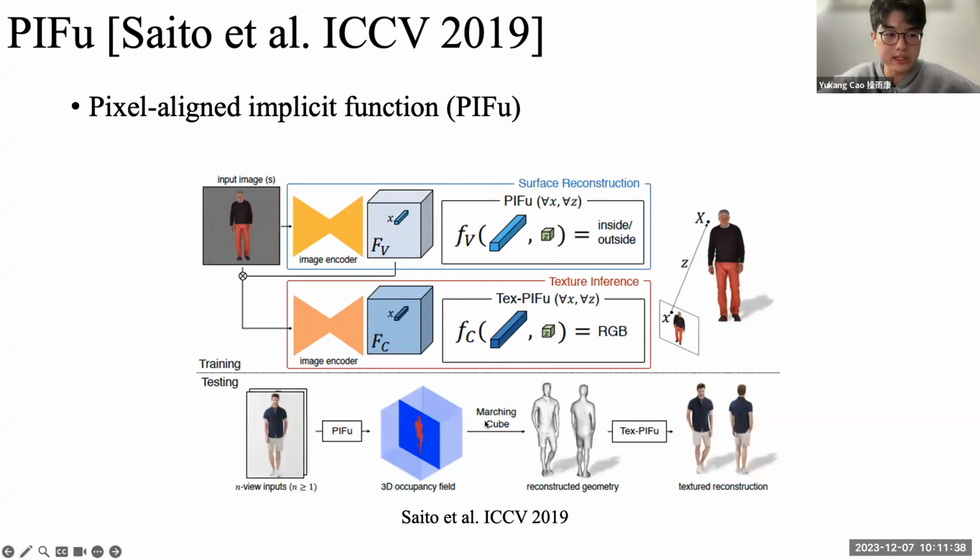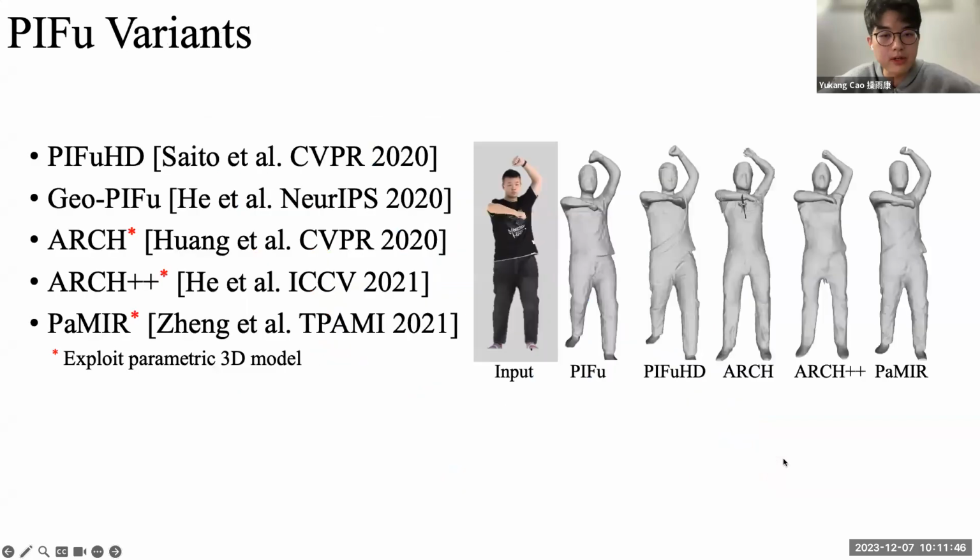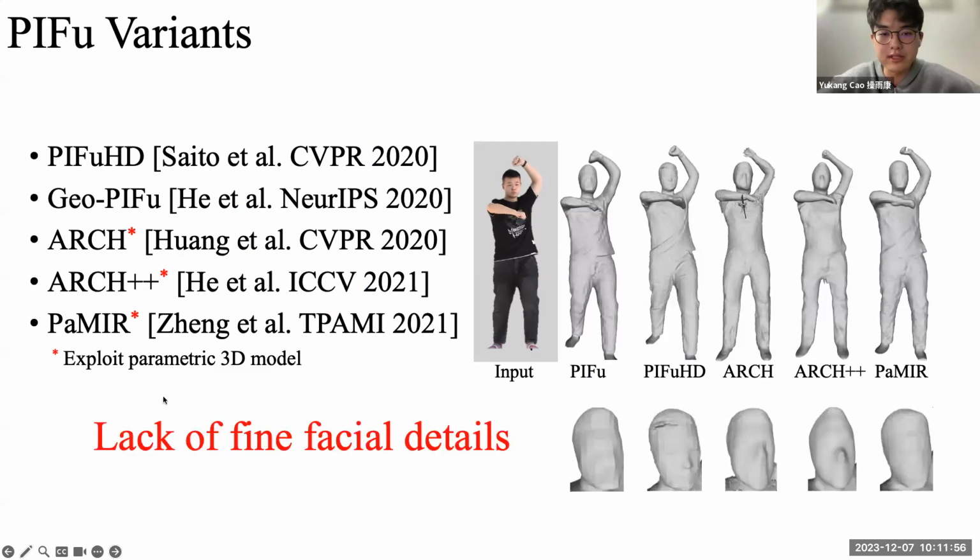With these predicted values, textured 3D human models can be obtained using marching cubes during the inference stage. Following PIFu, several methods have been proposed to enhance the performance, such as PIFuHD, GeoPIFu, ARCH, and PaMIR. However, these methods still lack the fine face details in their reconstructed bodies.